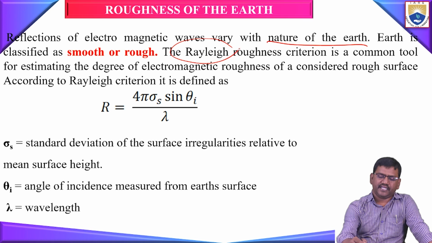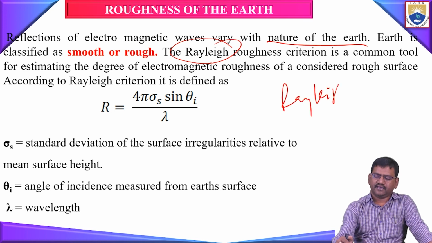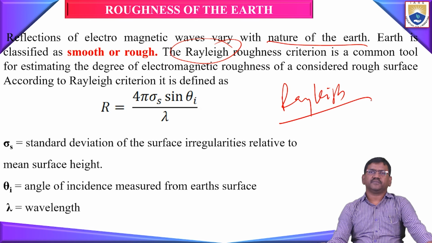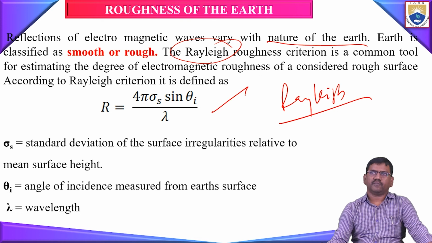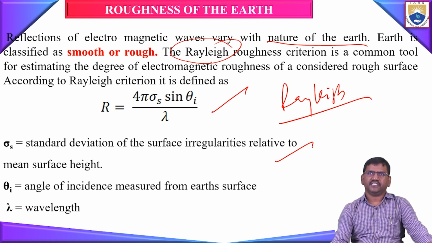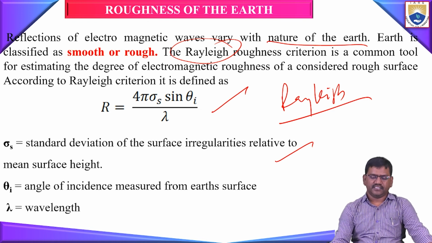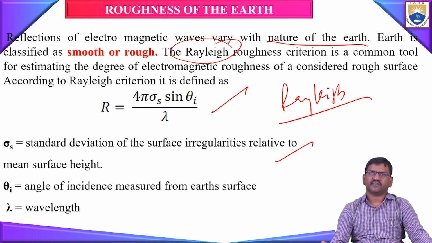According to the Rayleigh criterion, a common tool for estimating the degree of electromagnetic roughness of a surface of the earth, R is equal to 4 pi sigma s sin theta I by lambda, where sigma s is the standard deviation of the surface irregularities related to the mean surface height, theta I is the angle of incidence measured from the surface of the earth, and lambda is the wavelength.